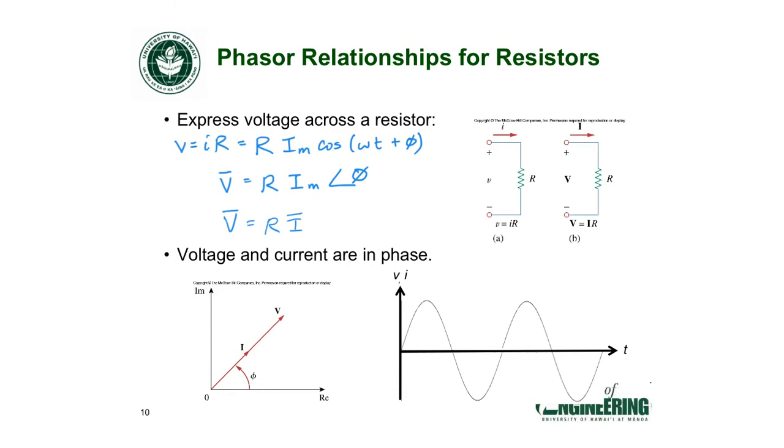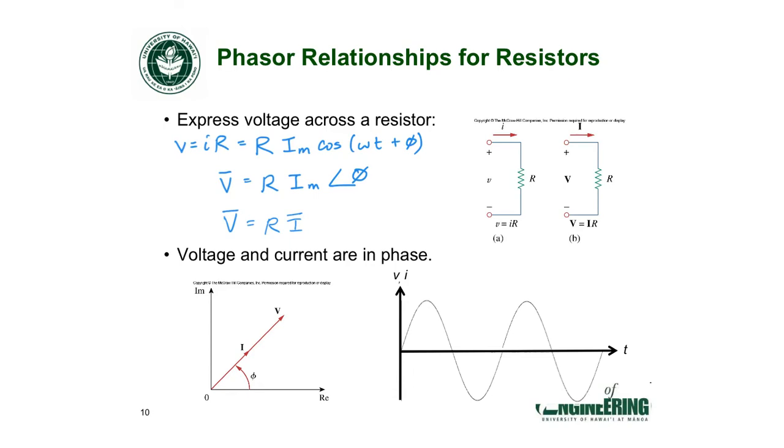Okay, so the voltage and the current through a resistor are in phase. So what does that mean? Let's say this is my oscilloscope, and I'm measuring voltage across the resistor as a function of time.